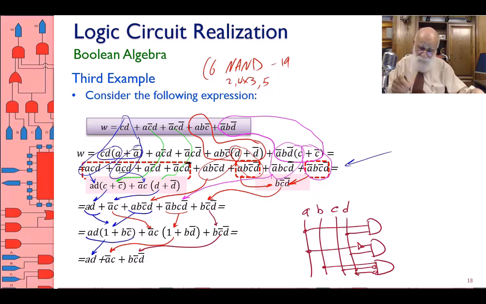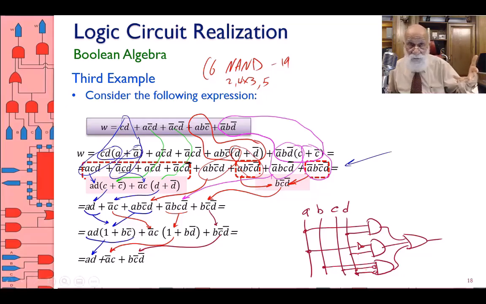Okay? And then these are ORed together. Okay, now I can do either De Morgan's or I can just do bubbles on the outputs of AND gates, on the inputs of the OR gates, turn it all to NAND.